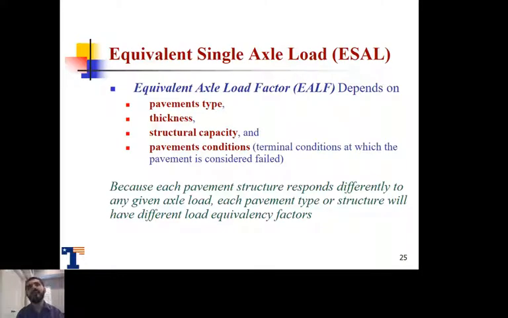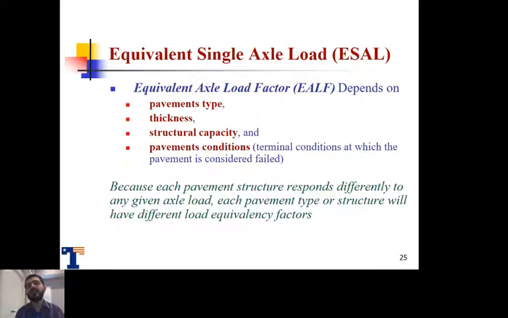For example, flexible pavement damage based on 18 kip, compared to 30 kip, is going to be different than a rigid pavement handling these same two axles, 18 versus 30. Same thing with thickness. If I have a thicker structure, the experience is going to be different.